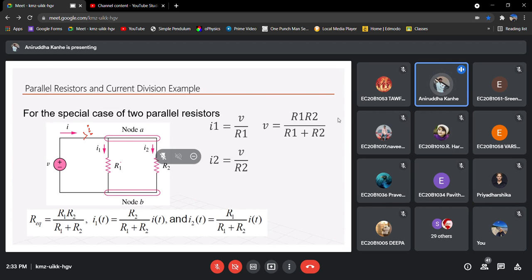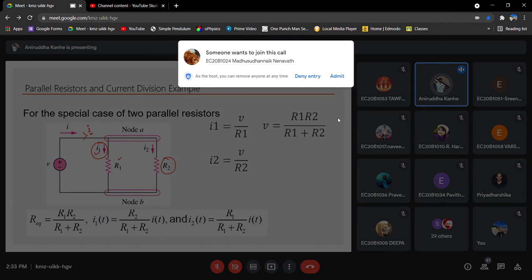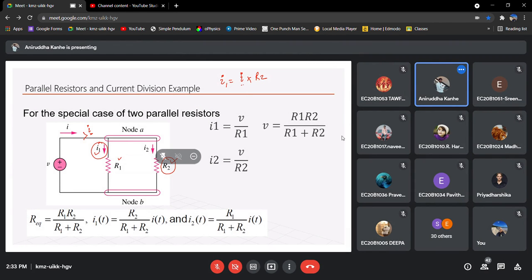if you are interested in calculating the current in the branch where R1 is connected, then you have to take the other resistance. So I1 is I into R2 divided by R1 plus R2.